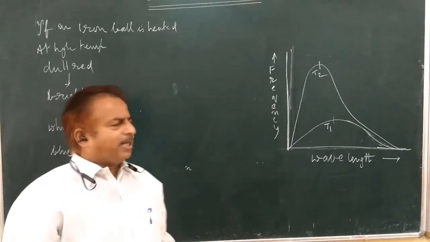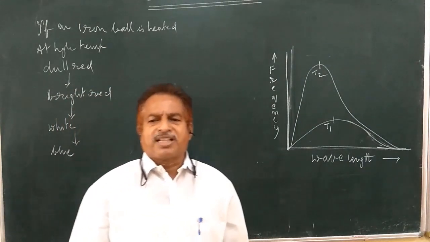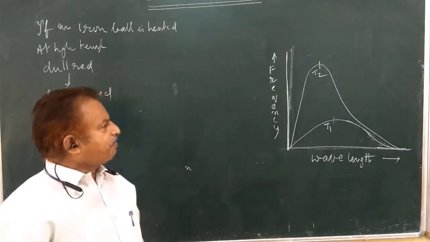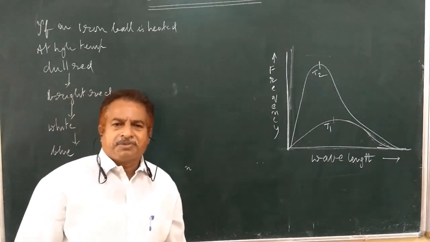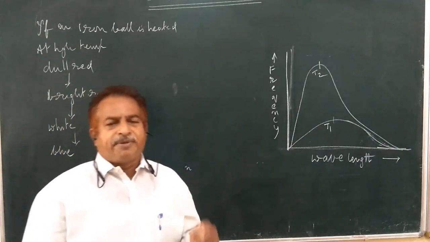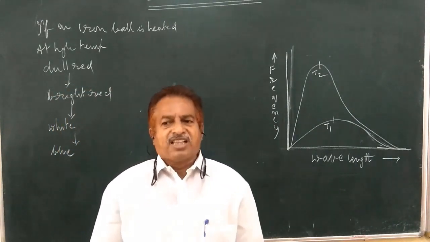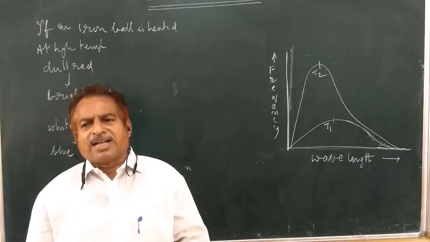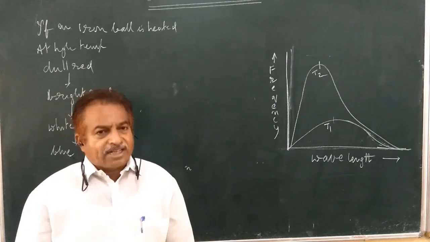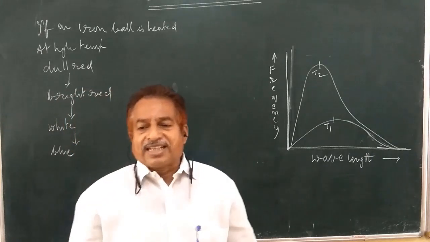Several attempts were made to predict the intensity of radiation as a function of wavelength, but the results of this experiment could not be explained satisfactorily on the basis of the wave theory of light. Max Planck, a German physicist, proposed that the emission and absorption of radiation arises from oscillators, that is, atoms of the walls of the black body. Their frequency of oscillation is changed by interaction of oscillators with electromagnetic radiation.